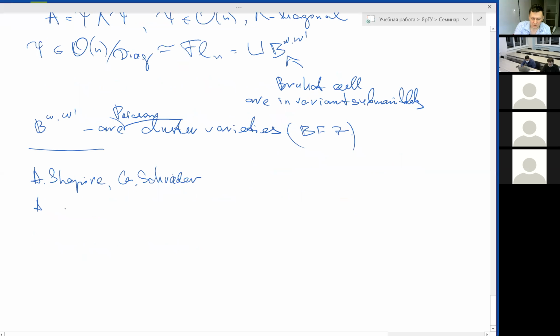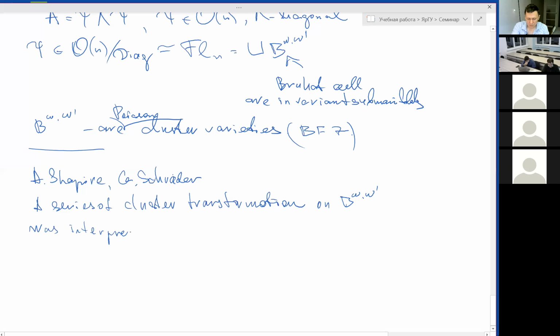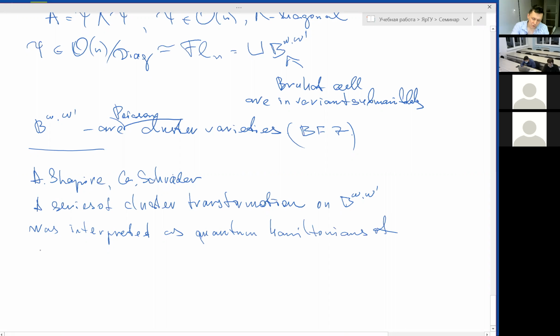A series of cluster transformations on B. This series of cluster transformations, which returns to the same seed of the cluster variety, appeared to be Poisson preserving, and these transformations were interpreted as quantum Hamiltonians of the Coxeter-Toda system.